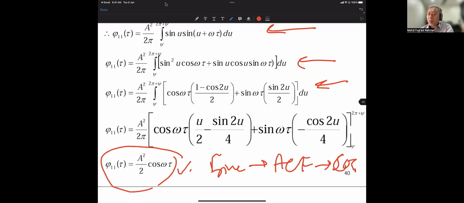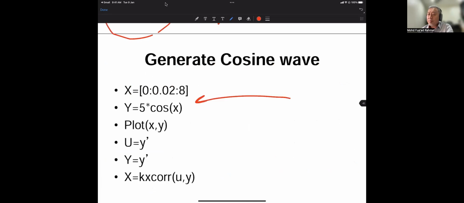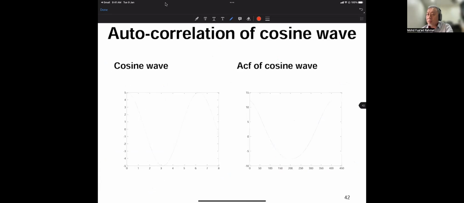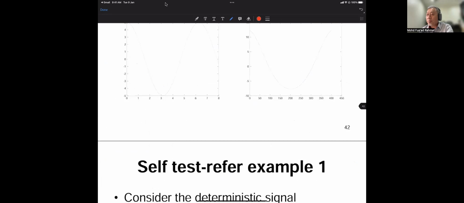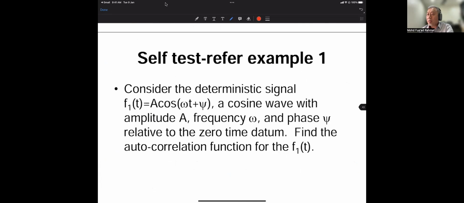It's proven here, cos omega tau, by mathematical derivation. If the signal is a cosine and we apply the autocorrelation function, the ACF of a cosine wave is a cosine wave as well. So it's not a sine wave, but a cosine wave.